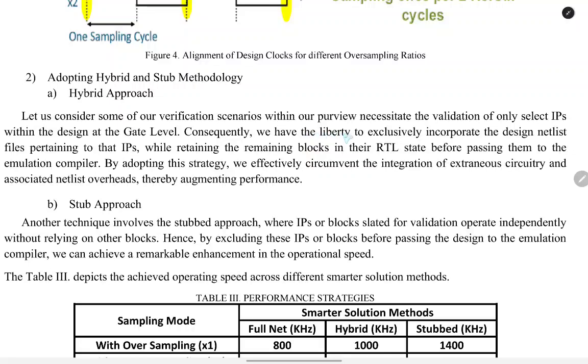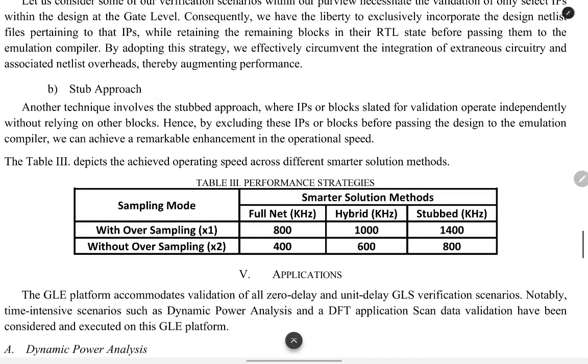Consequently, we have the liberty to exclusively incorporate the design Netlist files pertaining to the IPs under validation, while retaining the remaining blocks in their RTL stage before passing them to the emulation compiler. By adopting this strategy, we effectively circumvent the integration of extraneous circuitry and associated Netlist overhead, thereby achieving augmented performance. Stub approach.